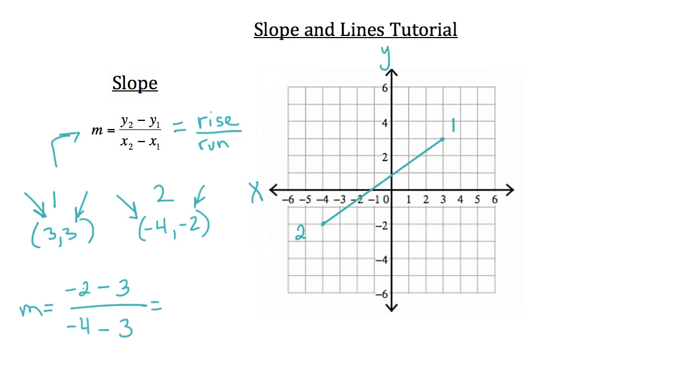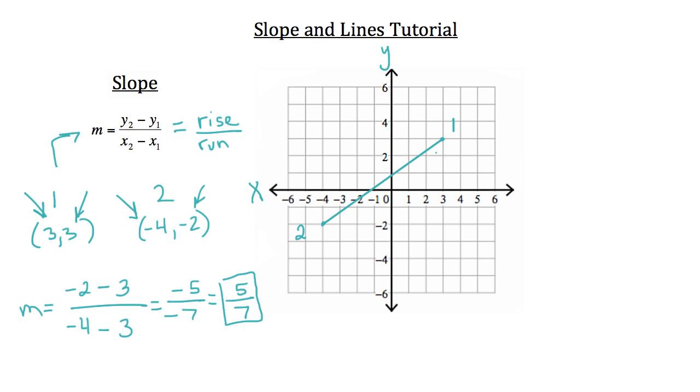So we'll simplify. -2 minus 3 on top is -5, and -4 minus 3 is -7. I'll simplify further now. A negative divided by a negative is a positive. So this line has a slope of +5 over 7. For every 5 that you go up from one point in the line, you go 7 over to drop a point.